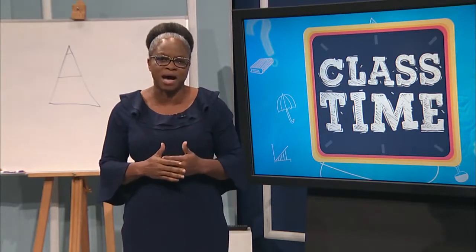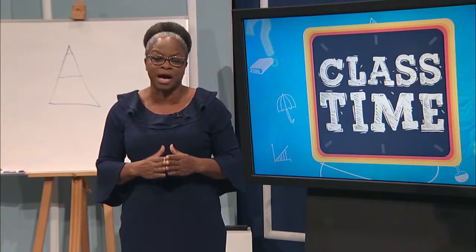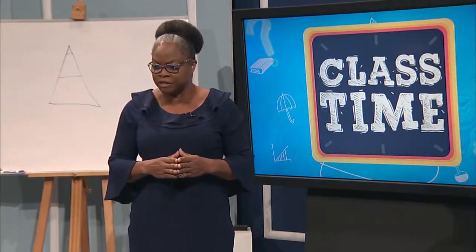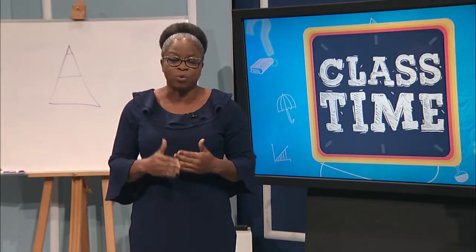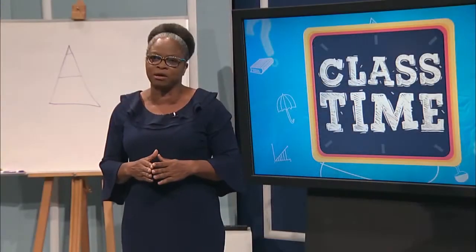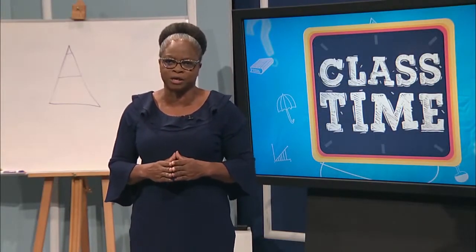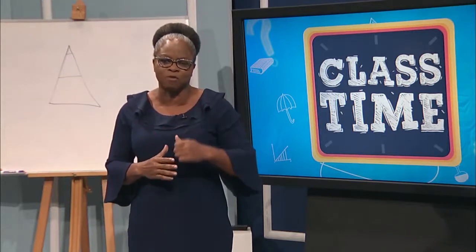The house for farm animals must be kept clean because you don't want your animals to come down with diseases. Safety, we're talking about biosecurity as well. The materials that you're going to use to make your house, they must be durable and can last for a very long time. And roofing is going to be critical as well because we want to make sure that our animals are protected.